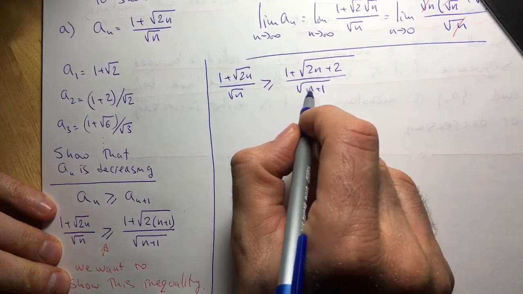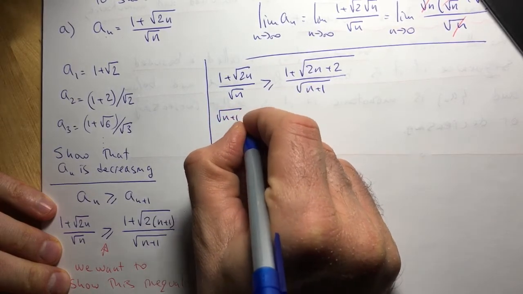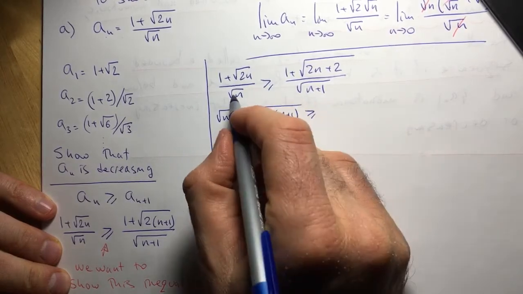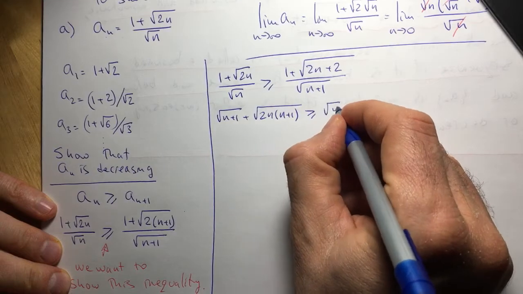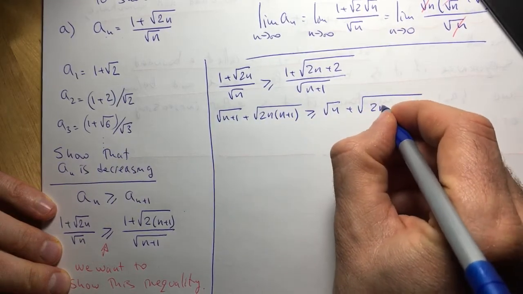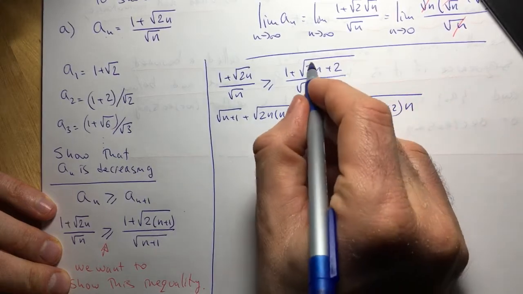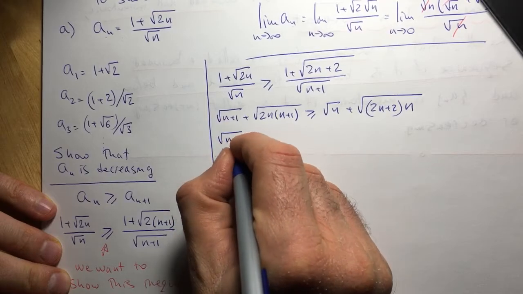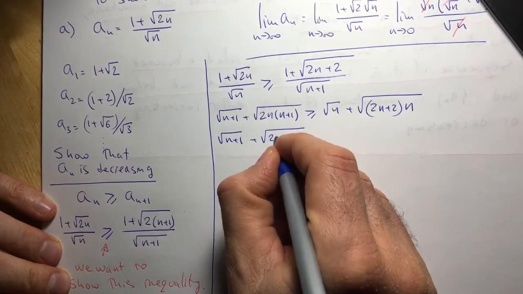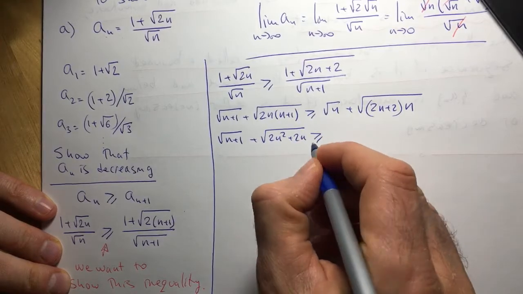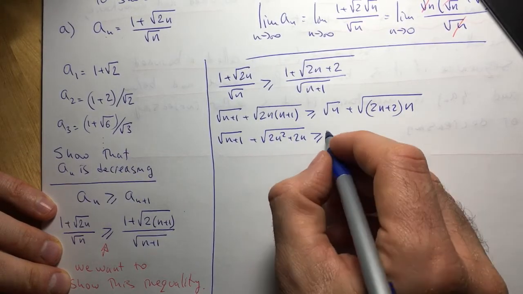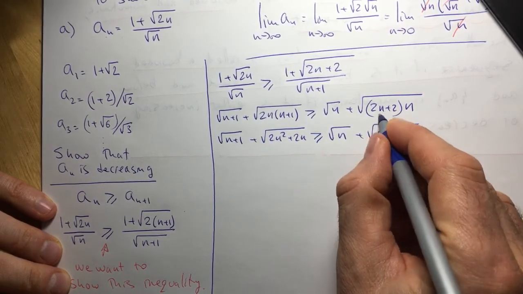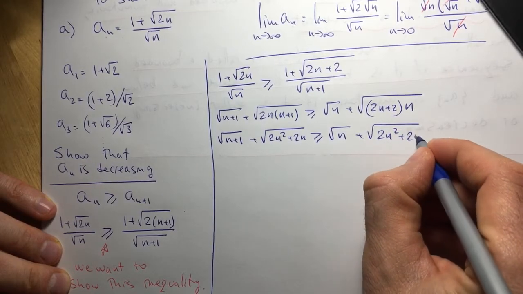Then I have 1 times this square root, which is square root of n plus 1, plus square root of 2n times n plus 1, greater or equal to square root of n times 1, which is square root of n, plus square root of 2n plus 2 times n. Dropping the parentheses, I have square root of n plus 1 plus square root of 2n squared plus 2n, and we want to make sure that it's greater or equal to square root of n plus square root of 2n squared plus 2n.